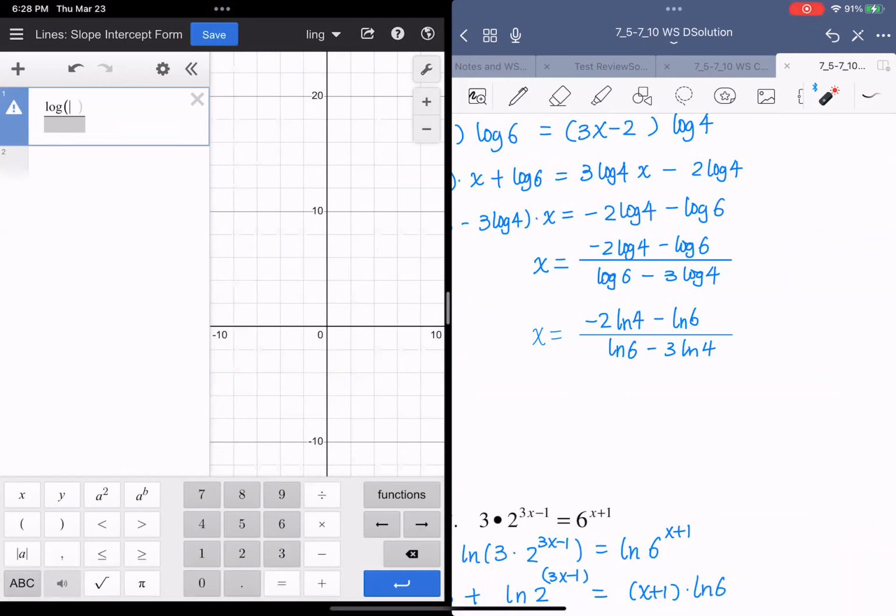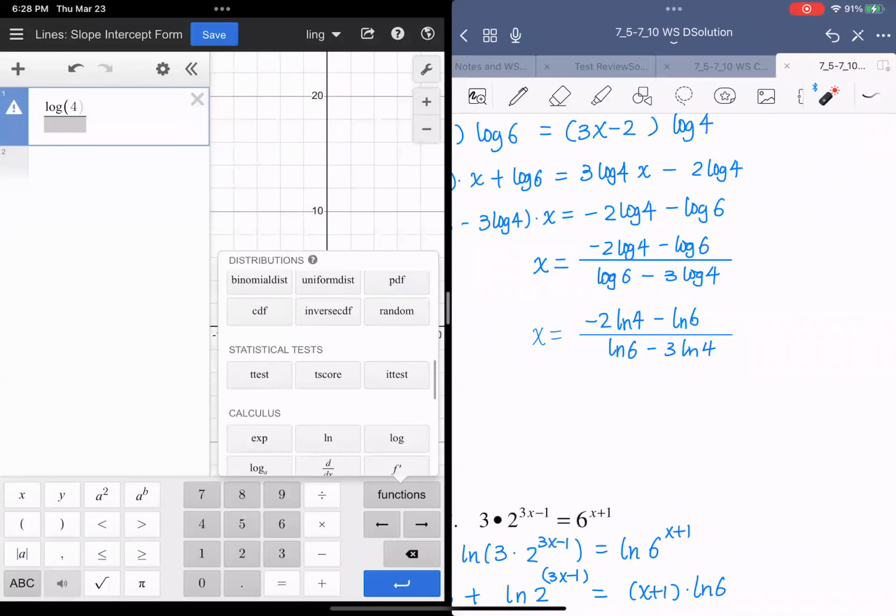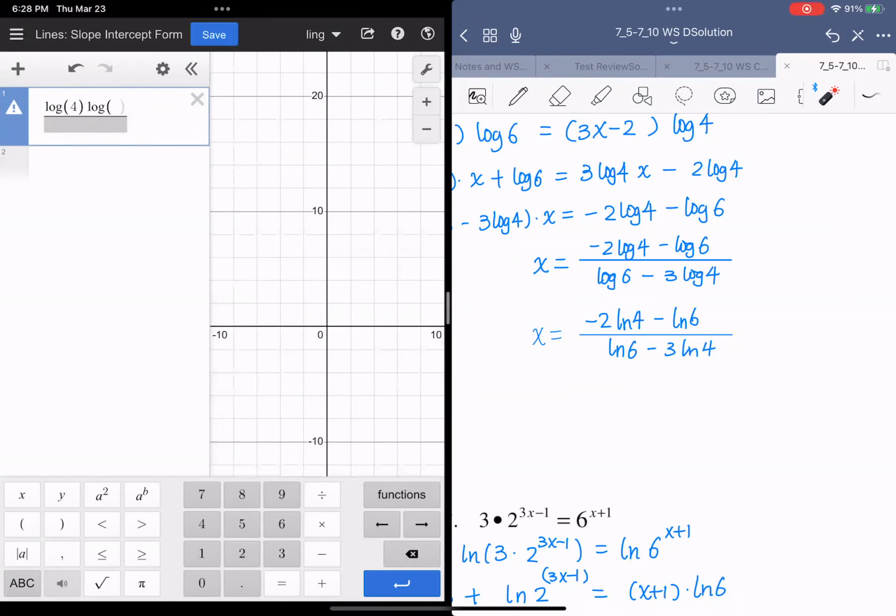So you do log 4, and then minus, and outside you do another log, and this is 6.